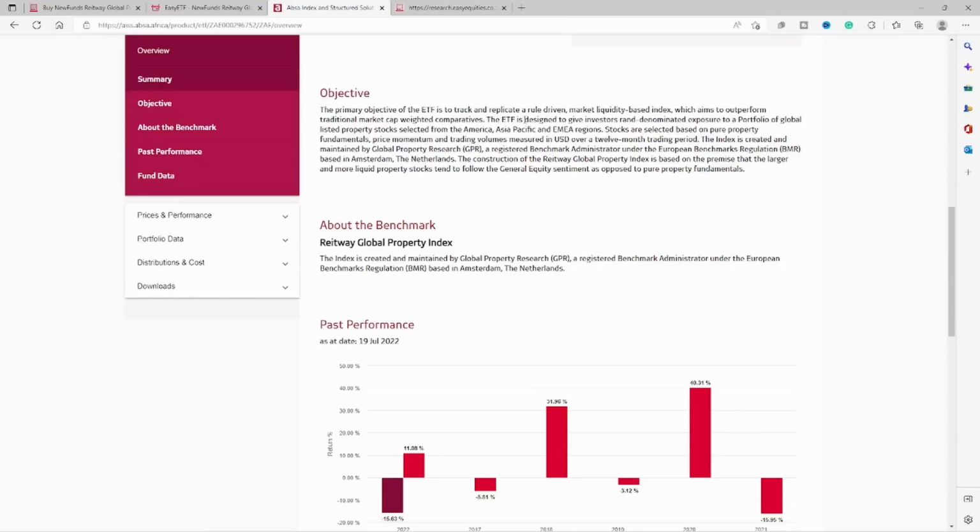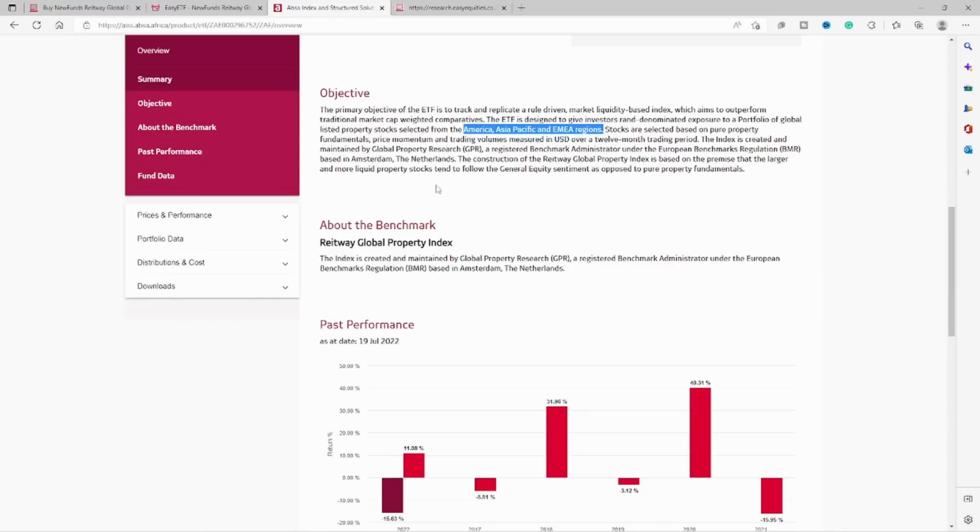Okay, the ETF is designed to give investors rand-denominated exposure to a portfolio of global listed property stocks from, this is what I was looking for, one of the things that I was looking for: America, Asia Pacific, and EMEA regions.